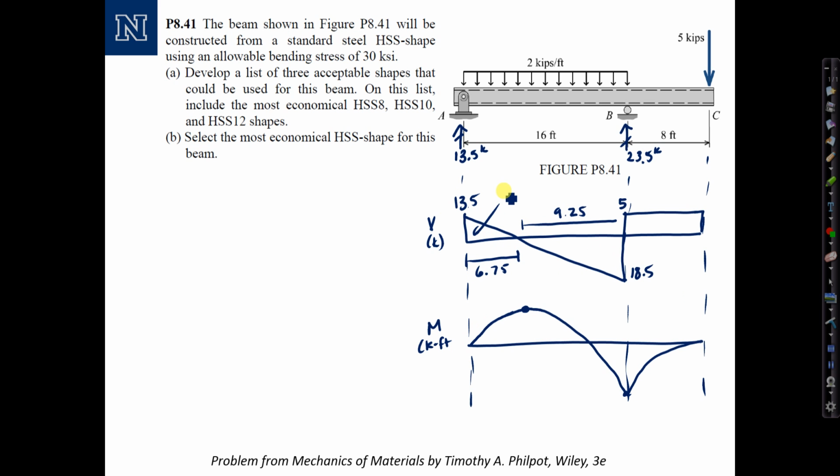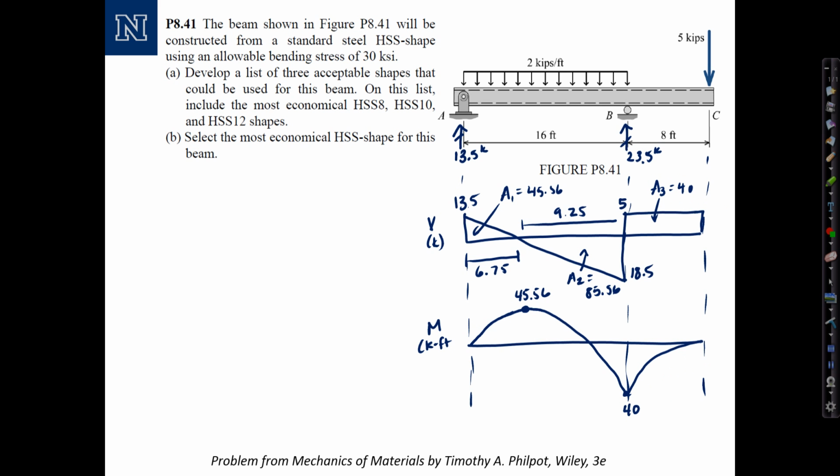The area A1 is equal to 45.56, which happens to be the value of the maximum moment. The area of this triangle down here, A2, is equal to 85.56. Subtracting that from the maximum moment gives us the value down here of 40. And then the value of this third area, A3, is equal to 40, so the moment diagram comes back to 0.